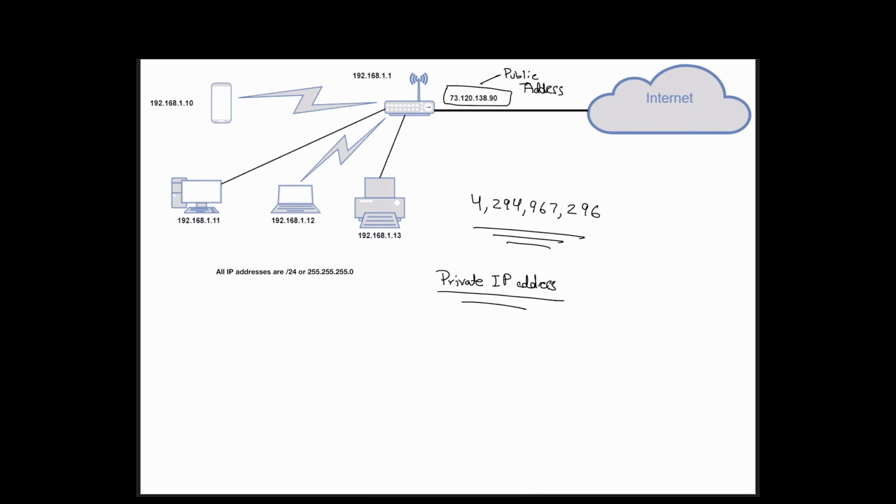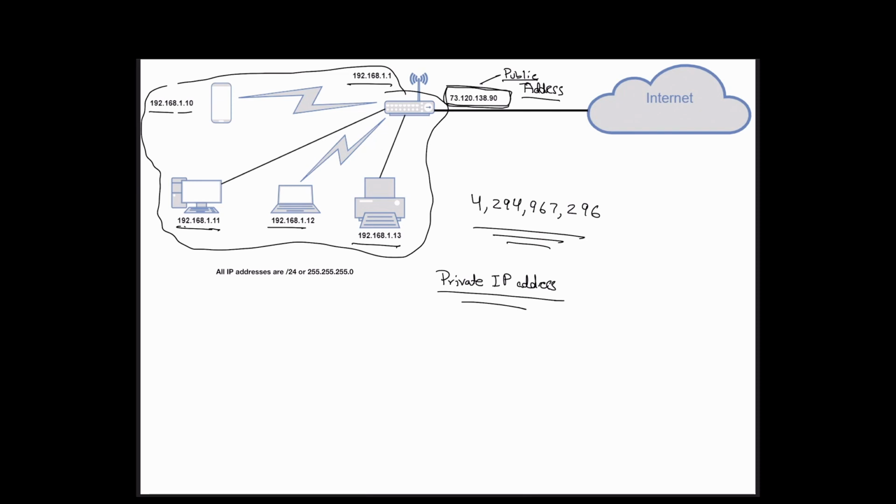So the idea is that you have private IP addresses, which are not unique to the world, but you have public IP addresses, which are unique to the world and to the outside internet. Every device behind your router will be utilizing a private IP address, and whenever you go out to the internet, you'll actually be using a public IP address.